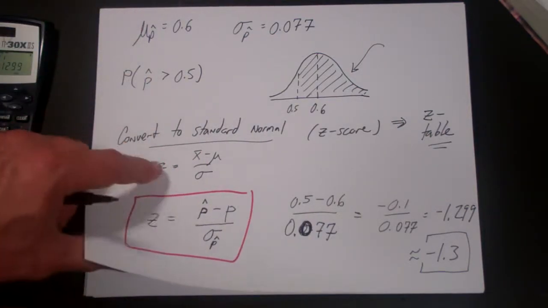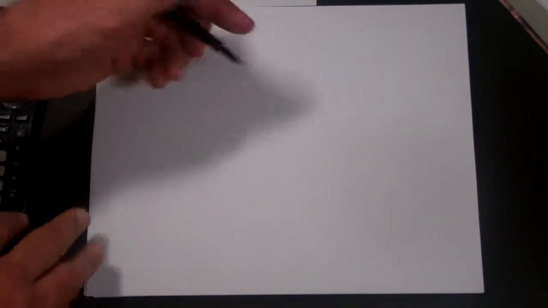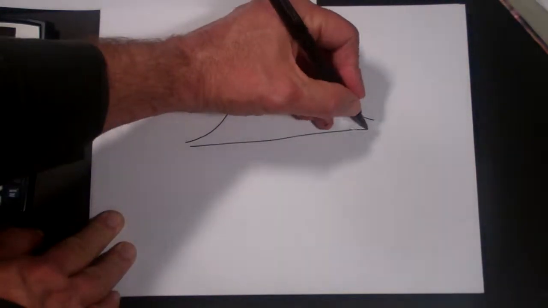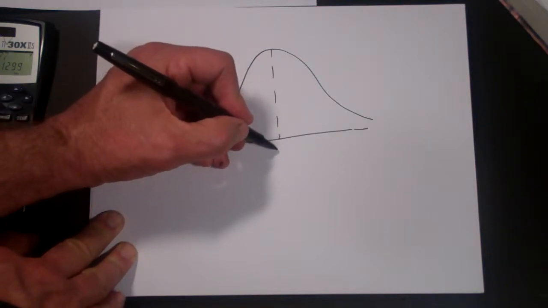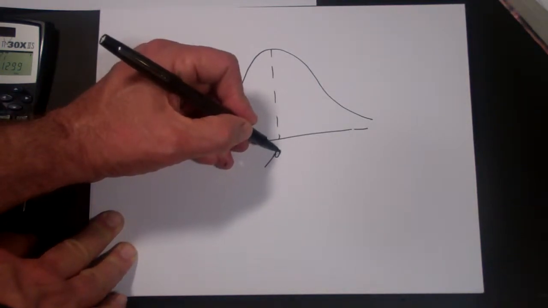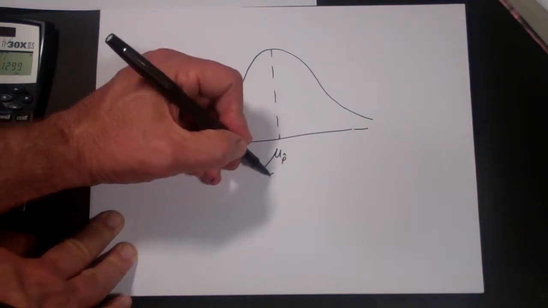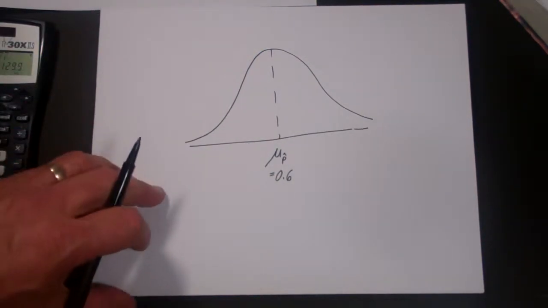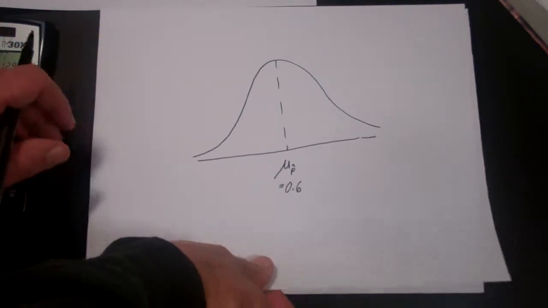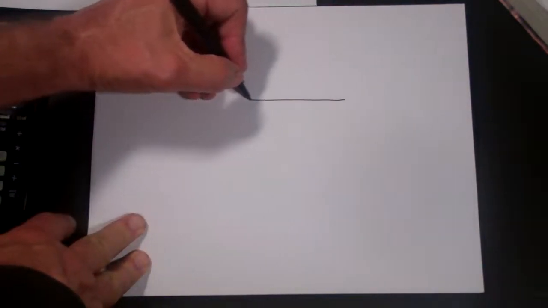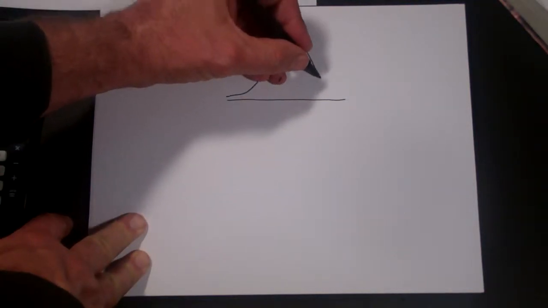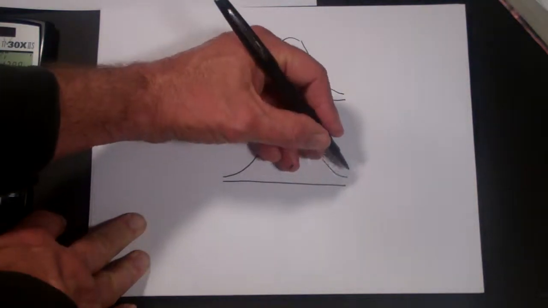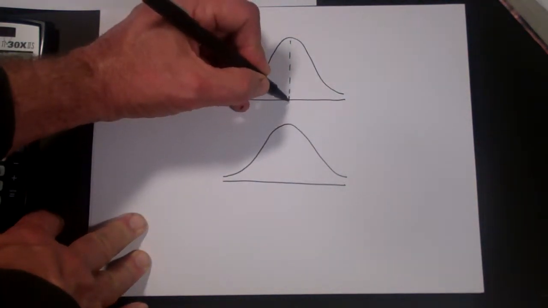So let's go ahead and draw the picture again. What we do is we have a normal distribution here. I don't have to draw it perfect, but the normal distribution where mu p hat is equal to 0.6, right? But we're going to convert that to a standard normal, right? And sometimes it's good to draw both of them together. You have one normal and you have another normal. Here this is 0.6.